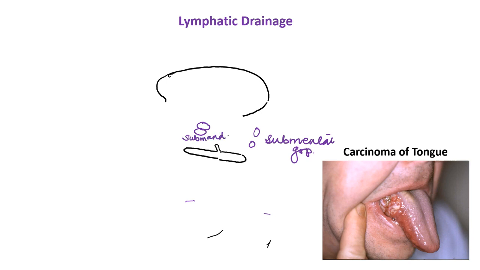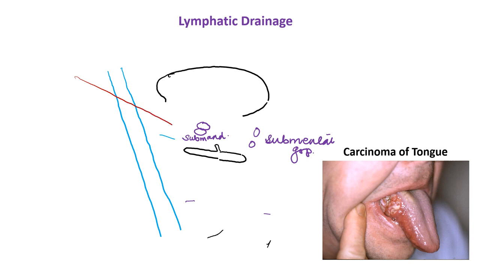which are present near the submandibular gland in the submandibular triangle, and lymph nodes which are present along the internal jugular vein. So here would be the internal jugular vein, where it is crossed by the posterior belly of digastric. This would be the posterior belly of digastric.